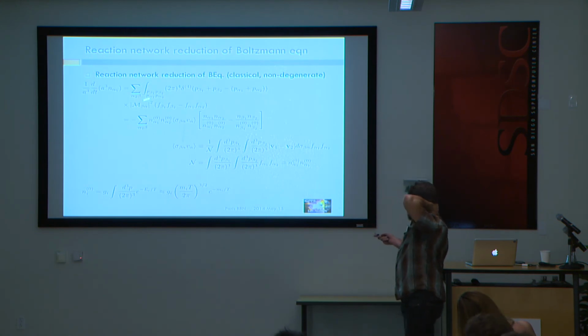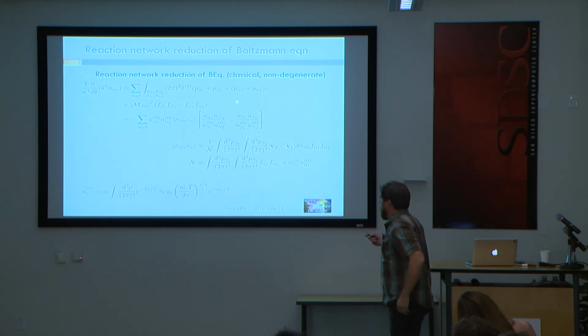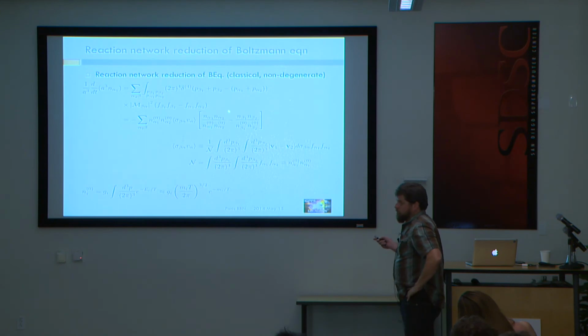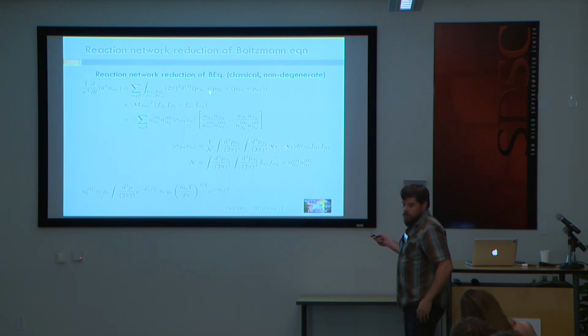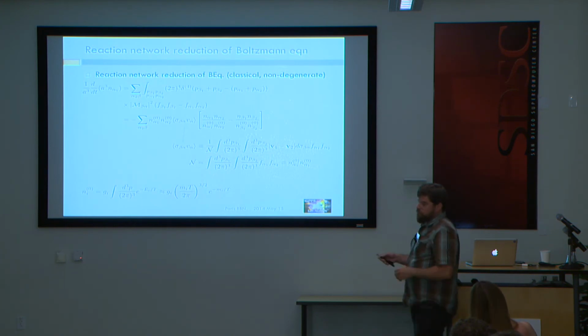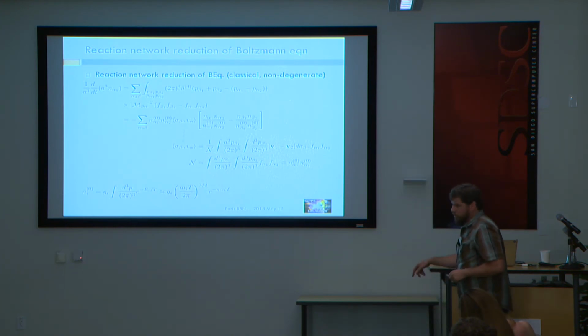So this is how we reduce the Boltzmann equation to the nuclear reaction network, and that's what you're going to use. You're going to be given a code that you're going to have to write a subroutine for in order to calculate the primordial helium abundance and deuterium abundance and everything else.